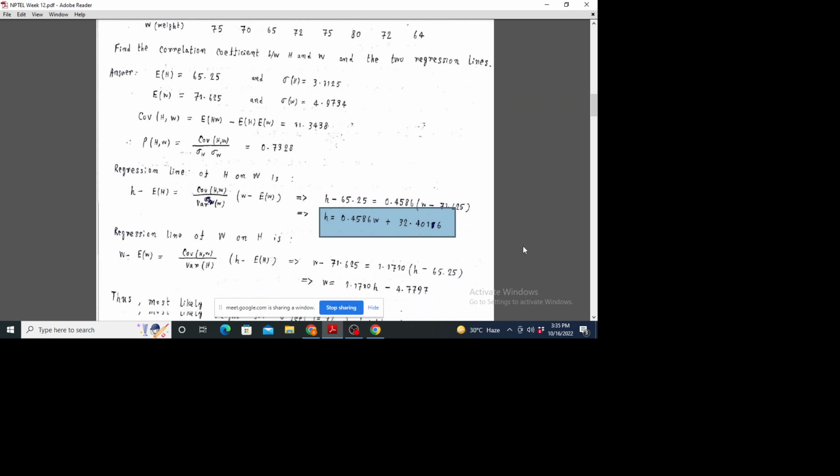Just following the formula, nothing more. You know EH is this one, 65.25, and EW is this one. Just substitute that and take this to the other side, and you will get one of the regression lines. So that is the regression line of H on W.